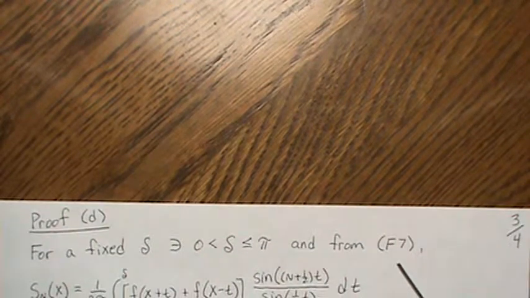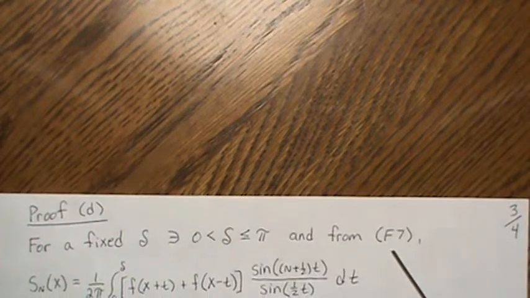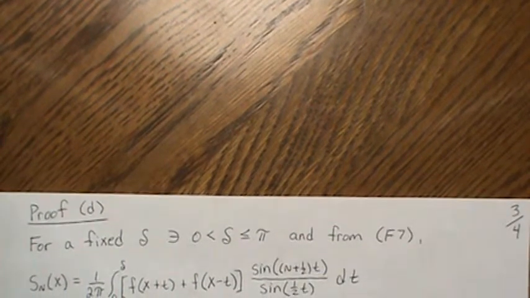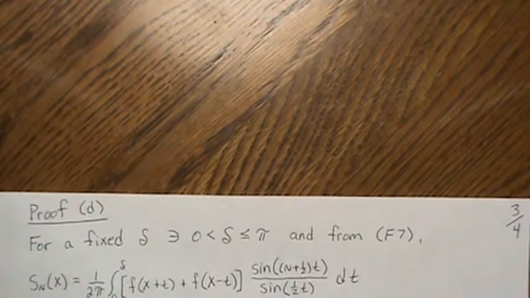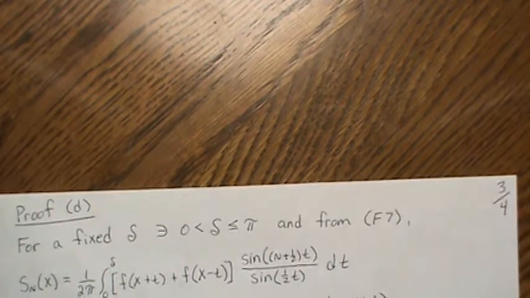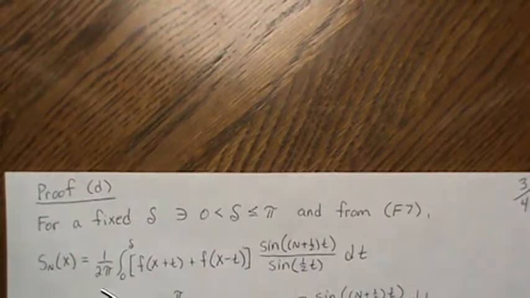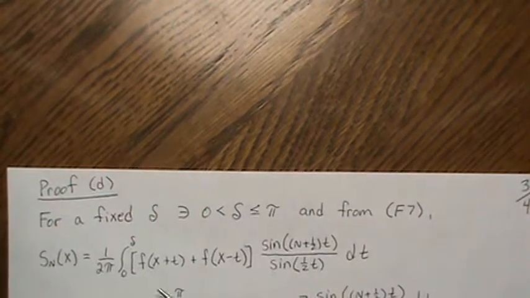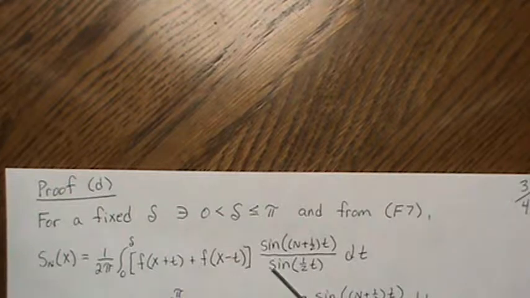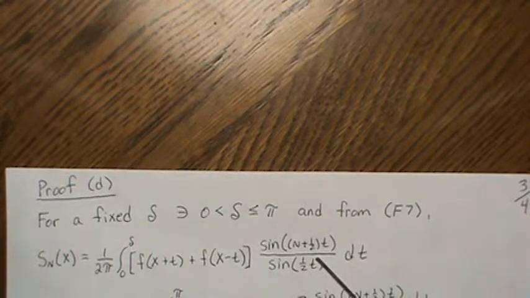And from F7, we know that F7 was the remainder. So we can write the remainder like this. And really this 2, if you bring it in here, that's the Dirichlet kernel.